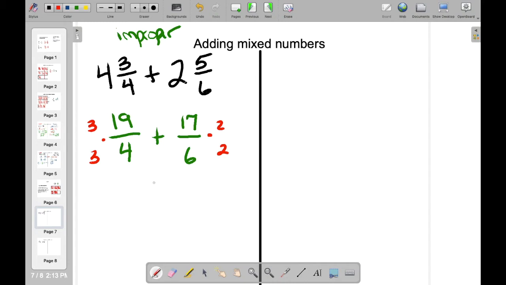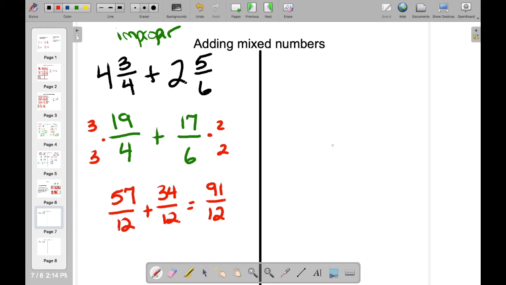So 3 times 19 is 57 twelfths and 34 twelfths. And you can kind of already see one of the biggest difficulties with the improper fractions algorithm is the numbers get really tough to deal with.